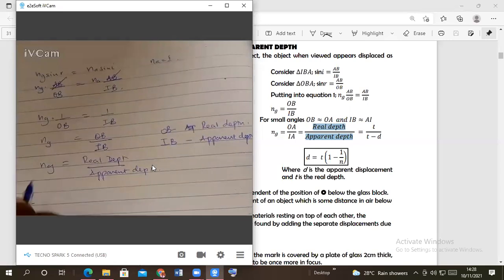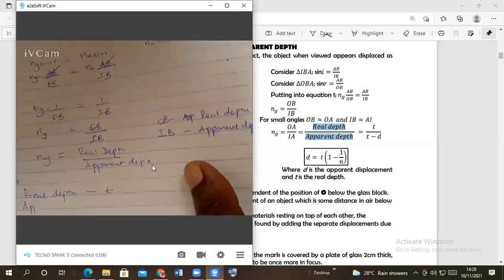If the real depth is noted as T, then we can find the apparent depth.